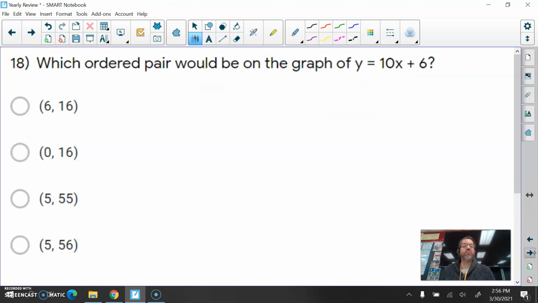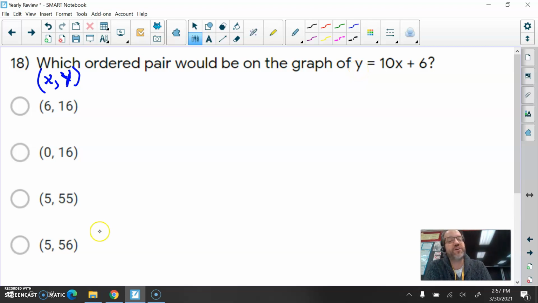All right, number 18. Which ordered pair would be on the graph of y equals 10x plus 6? When you're looking at ordered pairs, your first number is x, the second number is y. So basically what you want to see happen is if you substitute the x value in, take it times 10, add 6, and see if you get the value you have for y.